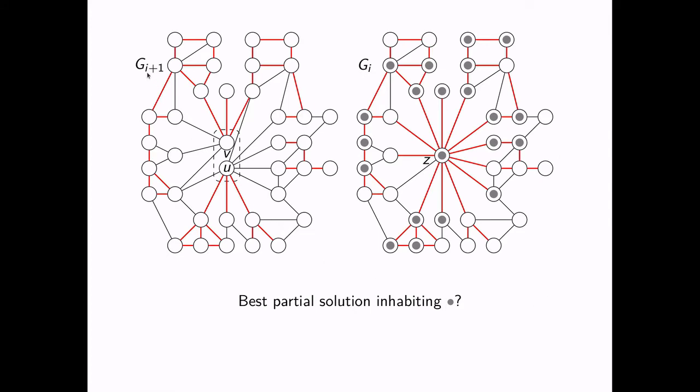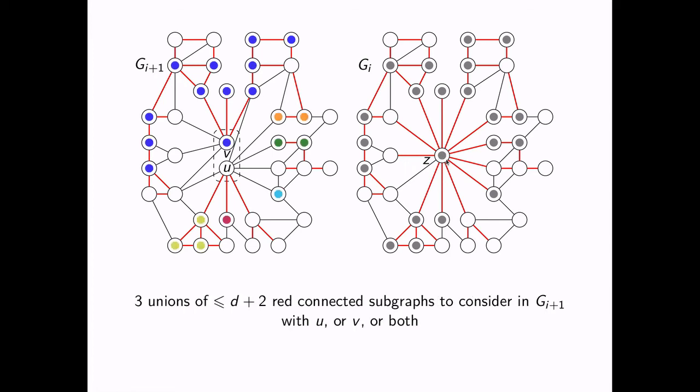So let's say we go from G_{i+1} to G_i by contracting u and v. Now in G_i, we're asking what's the best solution intersecting those vertices that you see with the gray dot. What we know is the partial solutions in the previous graph, G_{i+1}. To intersect Z, you have three possibilities: either intersecting v but not u, or u but not v, or both.